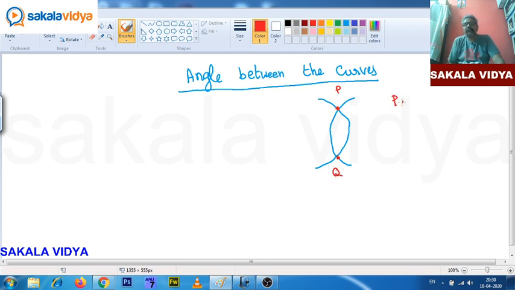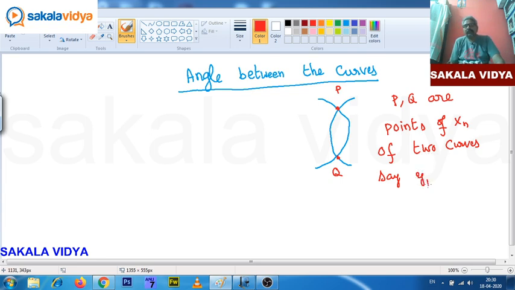this P, Q are points of intersection of two curves, say first curve is, this is first curve, for example y is equal to f1x, next y is equal to f2x.